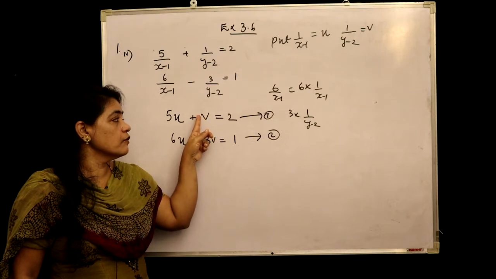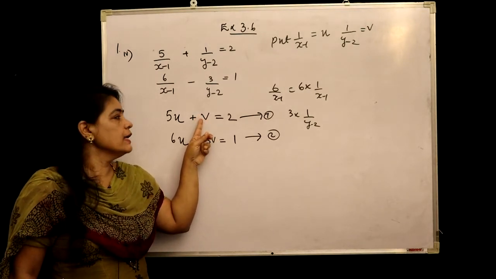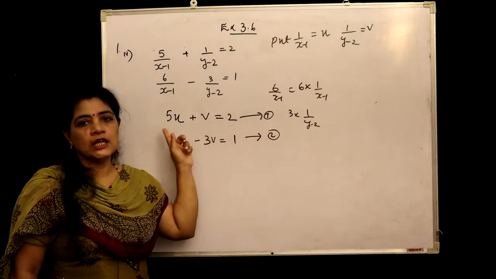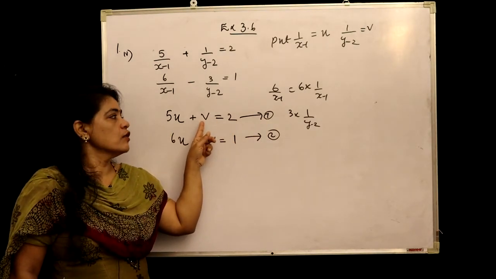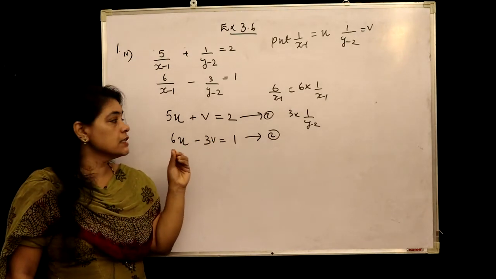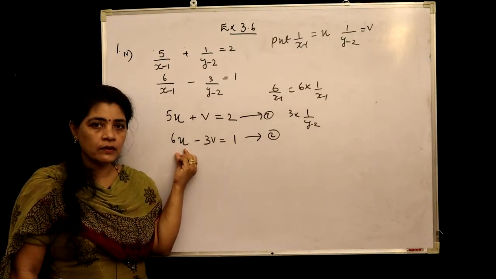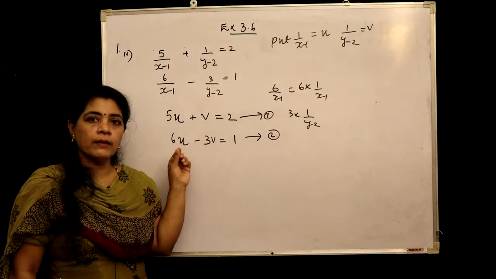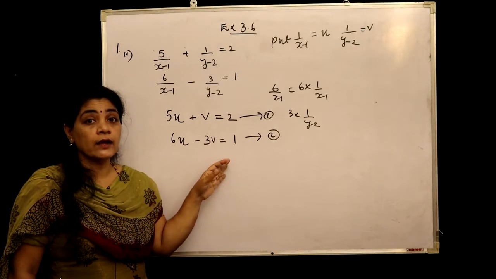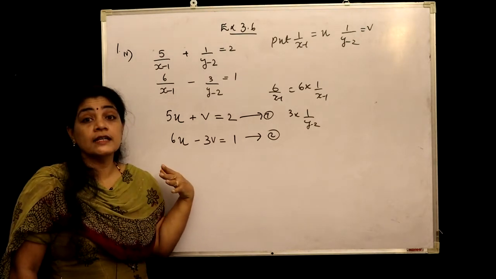Since the coefficient of v is 1 and 3, if you multiply by 3, you can make equation 1's coefficient of v as 3. Don't simply concentrate only on the first variable. You can make either the first variable or the second variable the same according to our convenience and easiness.